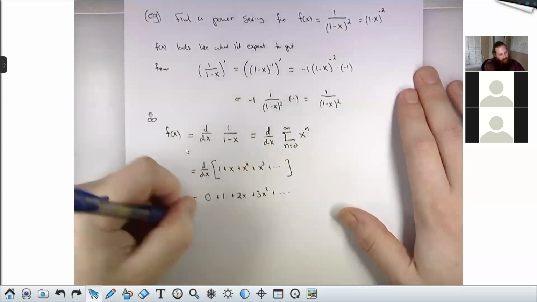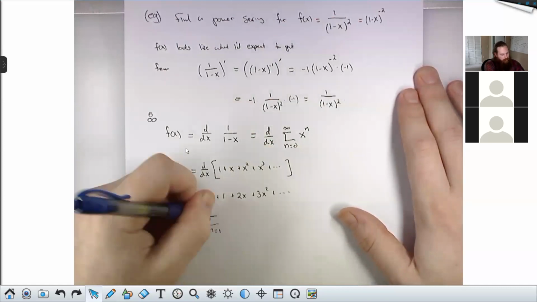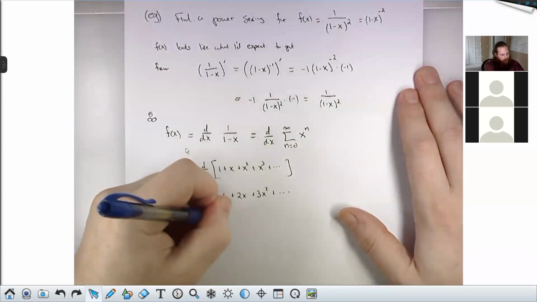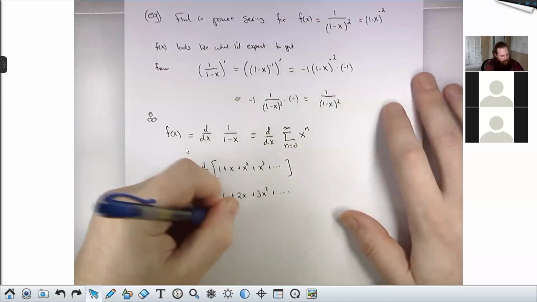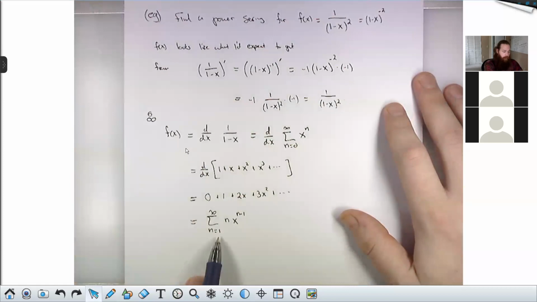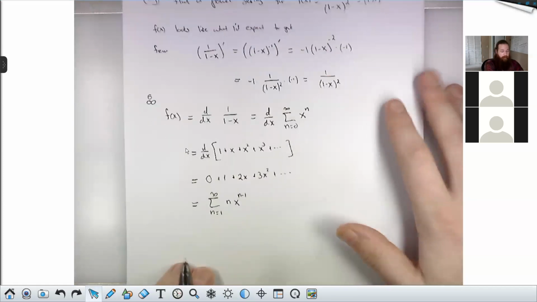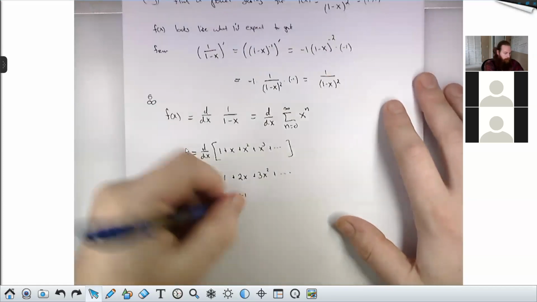And if I want to write this in sigma notation, I have n x to the n minus 1 summed not from 0 now, but from 1, because the n equals 0 term differentiated to 0. And that's it. That's the end of this problem.